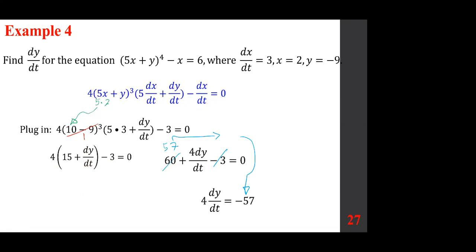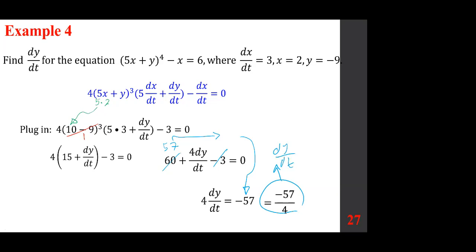Divide both sides by 4, and you're done. That means dy/dt. So this is class. I should write dy/dt is equal to that, okay?